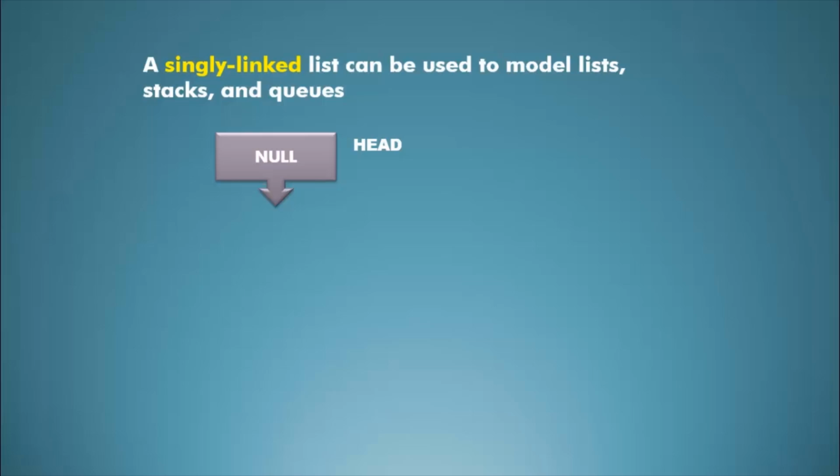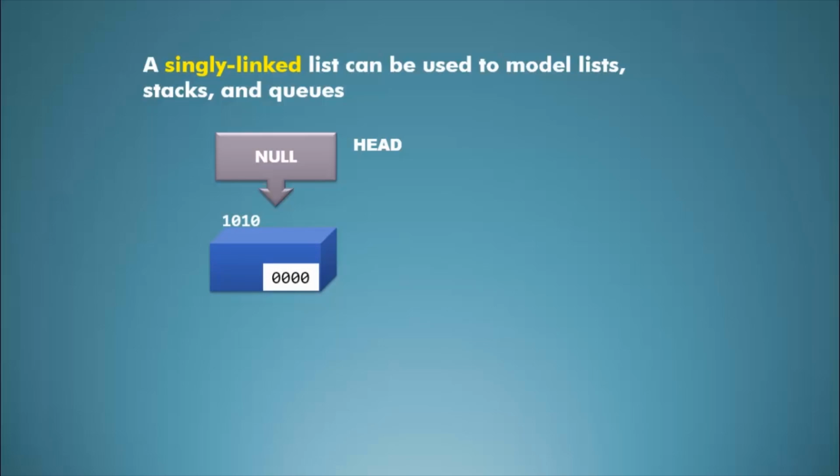Now, as a quick review, the singly linked list, we can do a lot of things with that. We can create lists, stacks, queues, all kinds of useful structures. And remember that we begin with an empty list, and we have a pointer called head, and that head is going to point at this point to null.